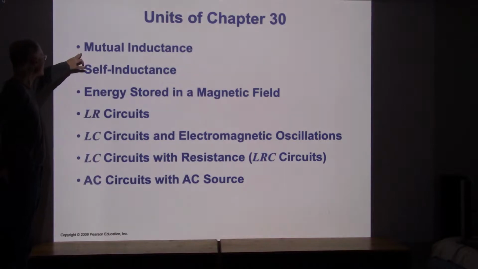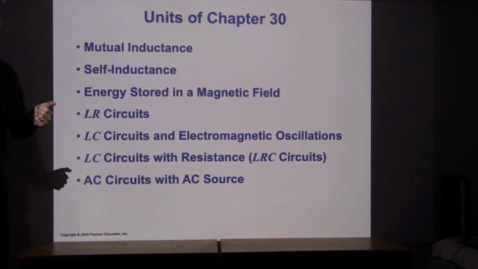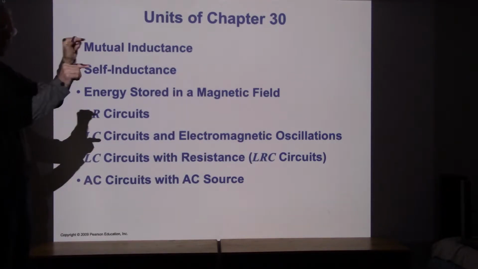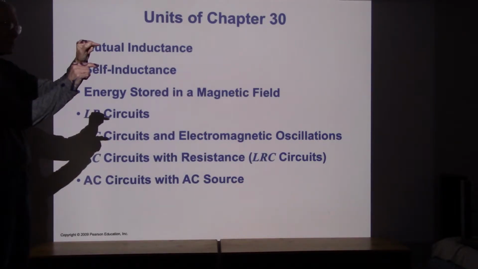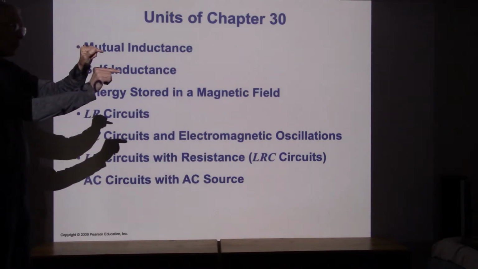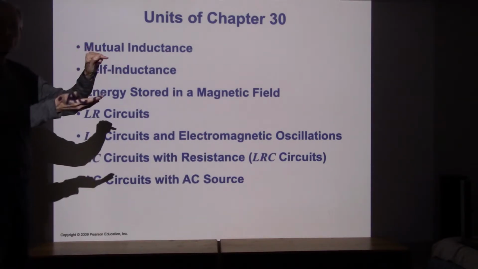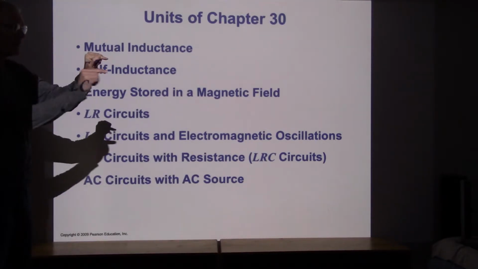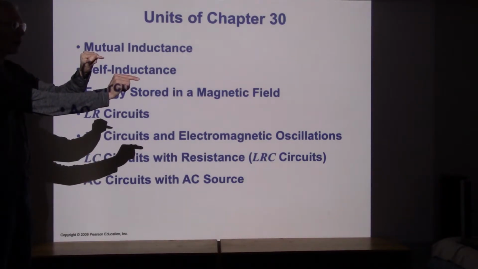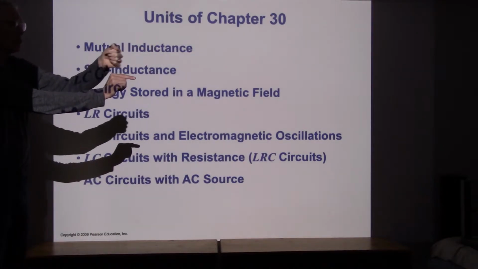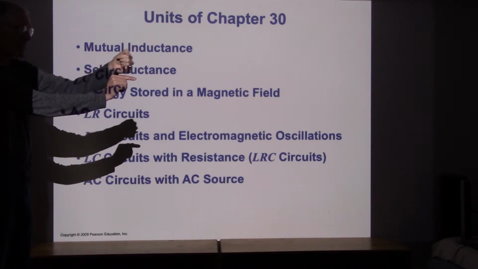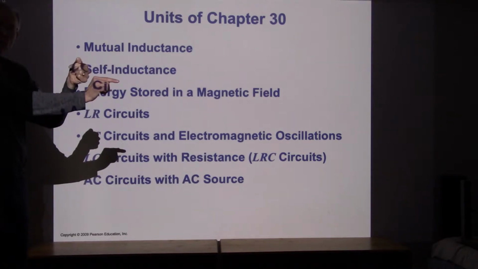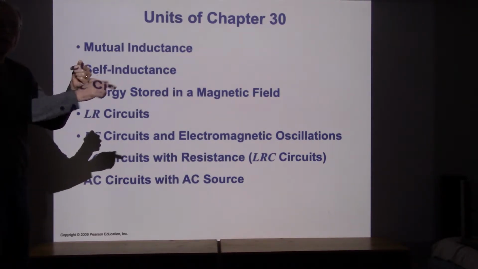We first look at mutual and self-inductance. Remember we've got these wires that are going next to each other, and if in one of the wires the current is increasing, that would mean that the charges are accelerating, and anytime the charges are accelerating in one wire, they tend to create a current, or an EMF, opposing that effect in the nearby wires.